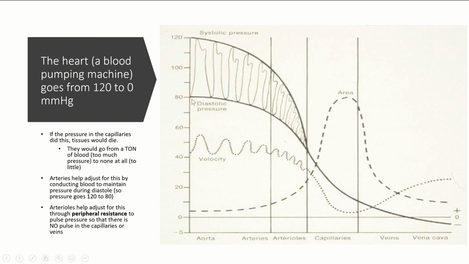And it goes from 120 to 0 as it relaxes, 120 to 0 as it relaxes, right? That is a very big difference in pressure. If it went to your tissues just like that, 120 millimeters of mercury to 0, that would be crazy for your tissues. It would stress them out.